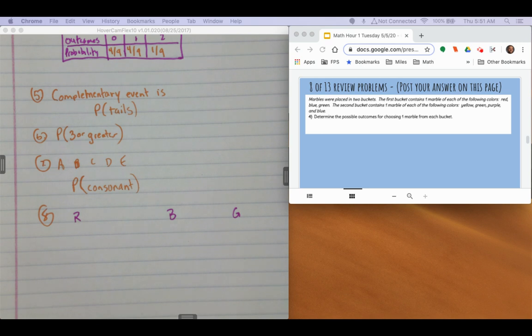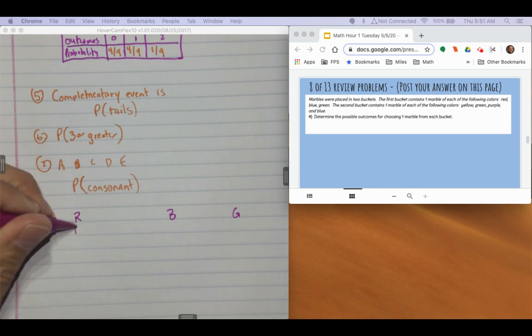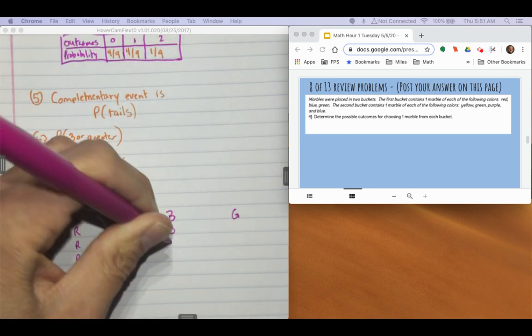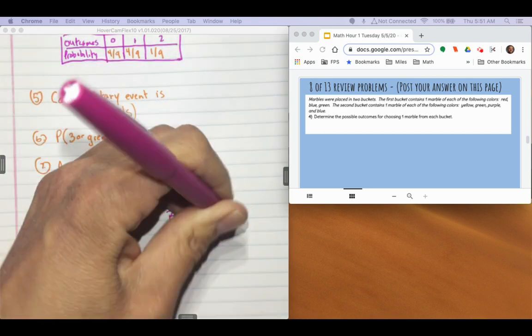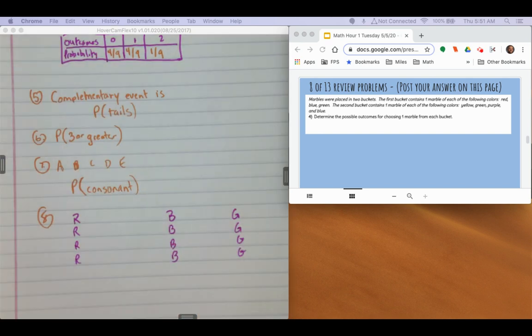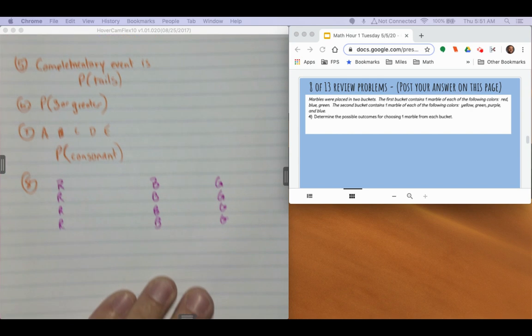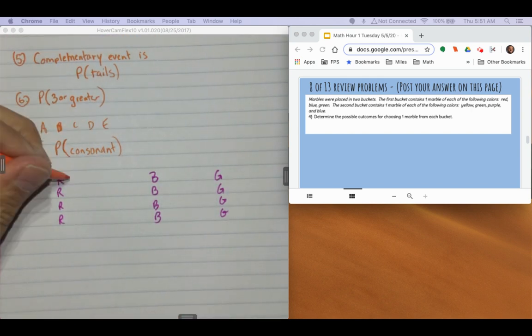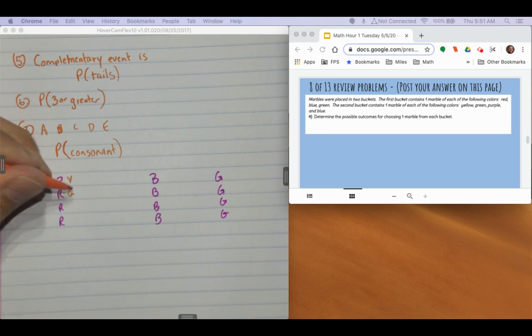Okay, so 1, 2, 3, 4 for each of the first marbles. If I have all the first marbles down here, then my second one could be yellow, green, purple, or blue.